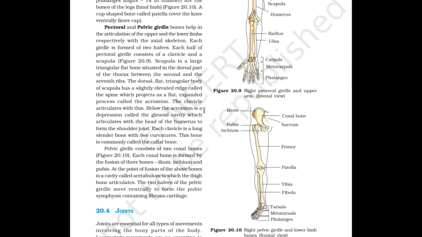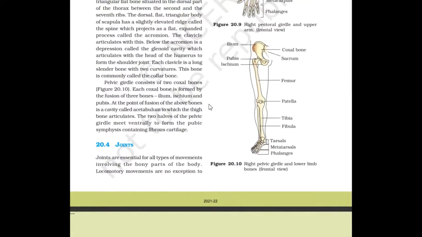Below the acromion is a depression called the glenoid cavity, which articulates with the head of the humerus to form the shoulder joint. Each clavicle is a long, slender bone with two curvatures. This bone is commonly called the collar bone. The pelvic girdle consists of two coxal bones, Figure 20.10.